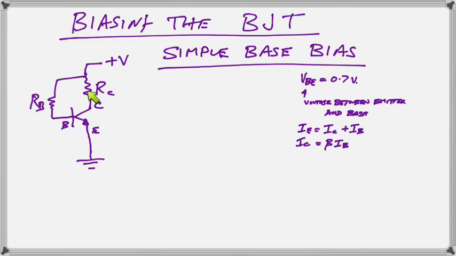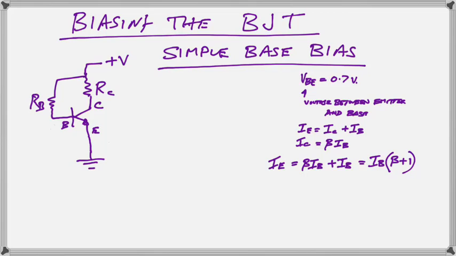Beta is the current gain of the transistor. So very small current here, we have a fixed amount of gain. So we multiply that and we have that current here flowing in the collector. Now we make another statement for the emitter current in terms of the base current.